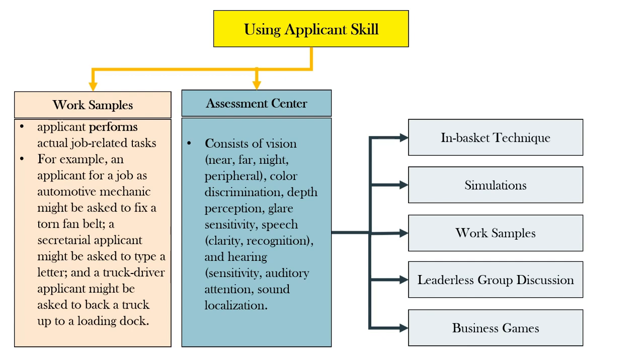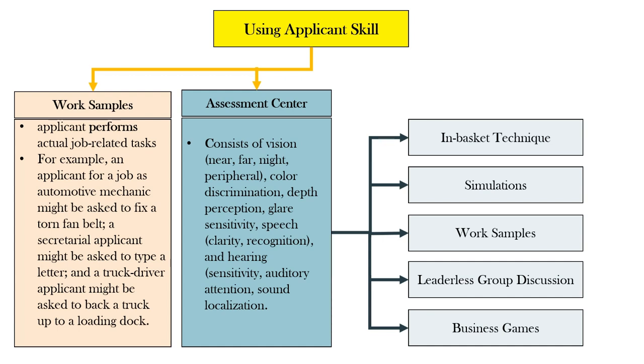Now, we also have personality, interest, and character as a measure of predicting future performance. We have personality inventories, such as the Myers-Briggs Type Indicator or the MBTI, the 16PF, the MMPI or the Minnesota Multiphasic Personality Inventory. We have the Hogan Personality Inventory.